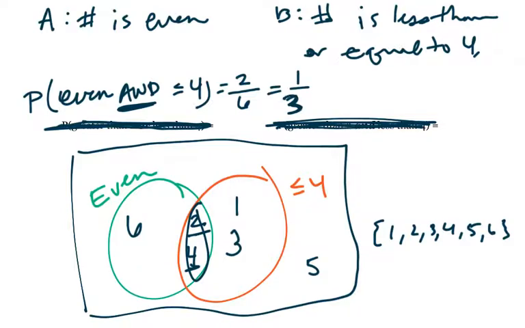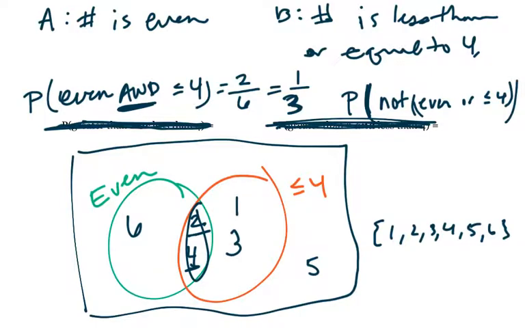Okay, now let's think about the probability that we have not even or less than or equal to 4. And I'm going to kind of put those in parentheses as well. So not even or less than or equal to 4.